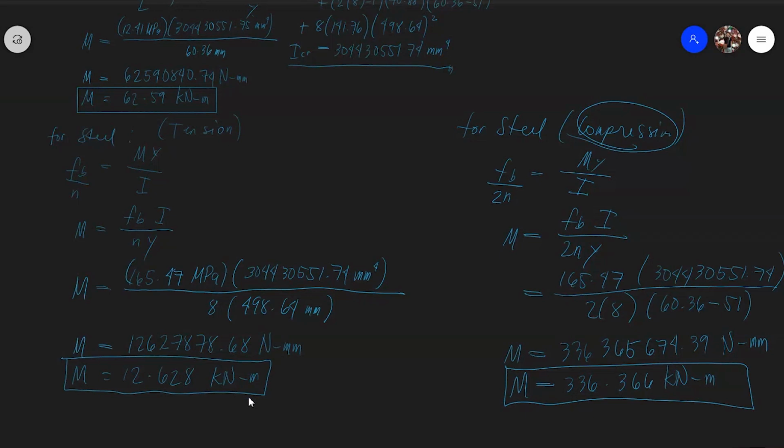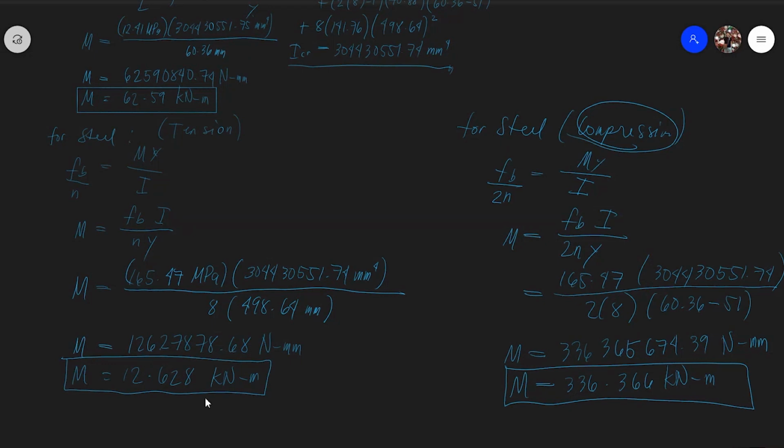12.628 kilonewton meter. That is your answer because if your moment reaches 12.628 kilonewton meter, the steel in tension is still safe, the steel in compression is still safe, and the concrete is still safe. But if we choose 62.59 kilonewton meter, it is no longer safe for the steel in tension.